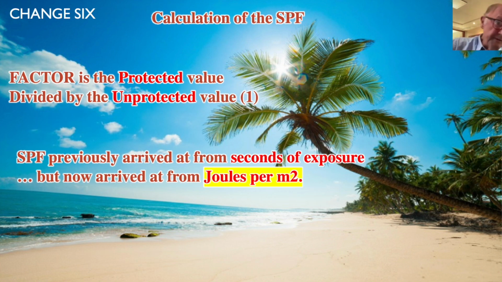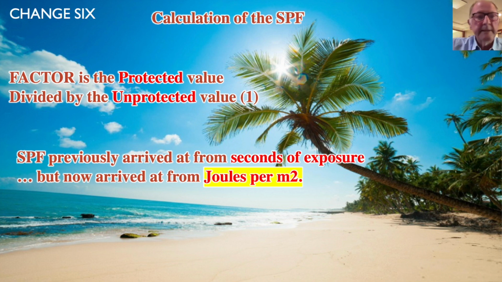So how does this all fit together? Well, you have to reflect on the fact that in the end, we've just got a simple ratio. We've got a factor of the protected value in a specified term, and that's divided into the unprotected value. Previously we had all sorts of ways that people were measuring it. They were measuring millijoules, they were measuring seconds, they were measuring amps, they were really all over the shop.